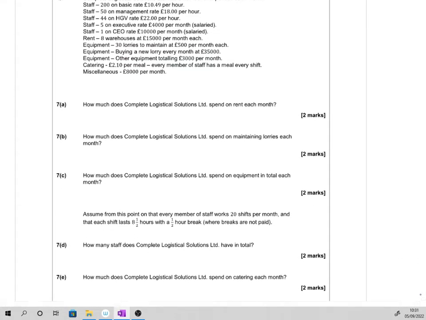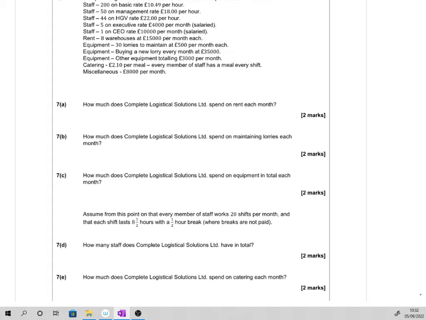Wow, what's happening here? Complete Logistics Solutions has a number of expenses. Oh, look at all that information. How much does Complete Logistics Solutions spend on rent? So we'll just look at rent. 8 warehouses.